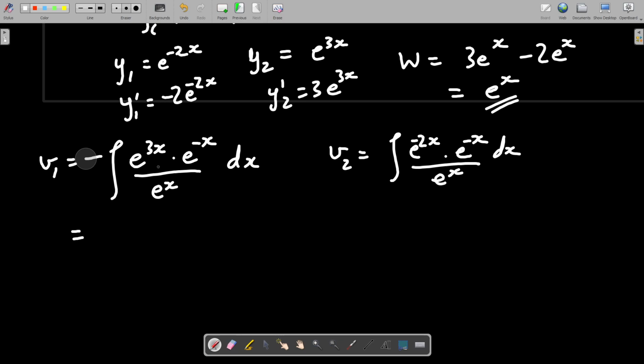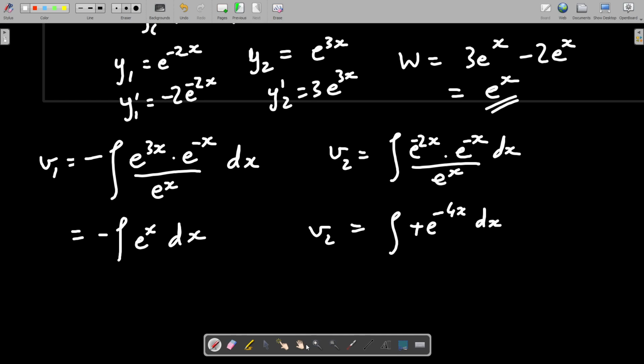Okay, this will become e raised to 3x minus x minus x, so you are left with only e raised to x dx, and v2 over here becomes e raised to minus 2 minus 1, this one goes on top, so another minus 1. Correct, no?